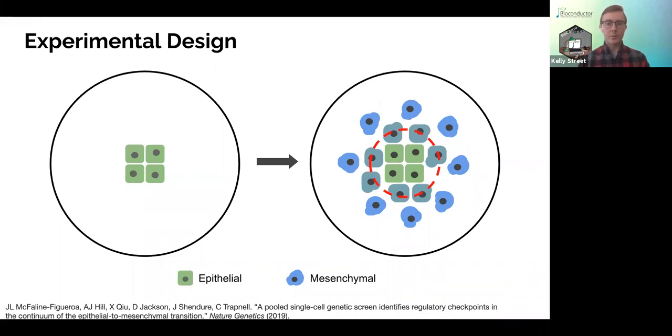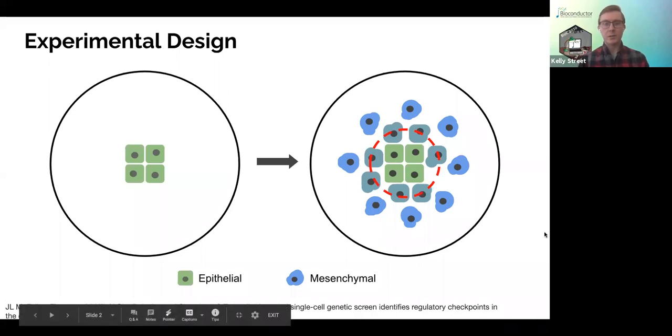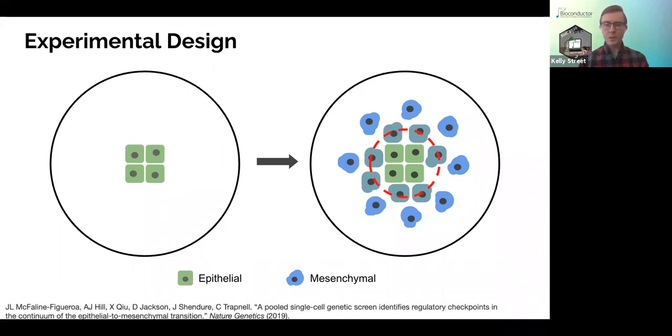So they take these epithelial cells and plate them and let them grow for a certain amount of time. And as they divide and differentiate, they turn into mesenchymal cells. And then from the second plate, they collected both an inner and an outer sample. The inner sample tended to be more epithelial cells. The outer tended to be more mesenchymal.